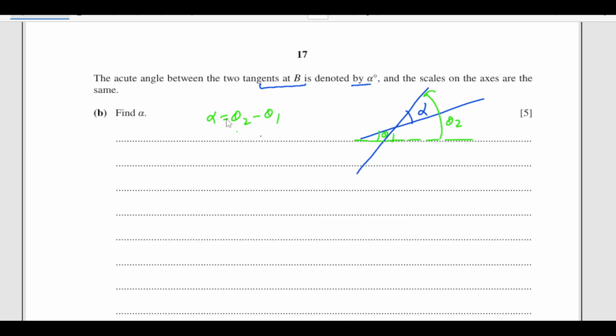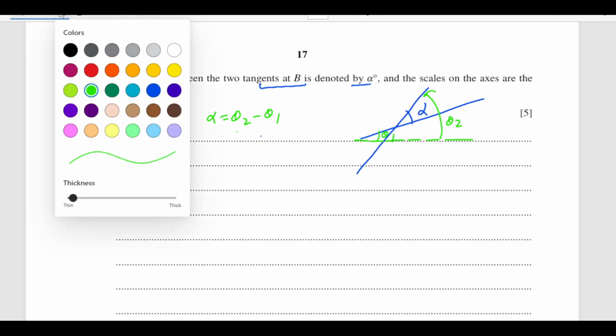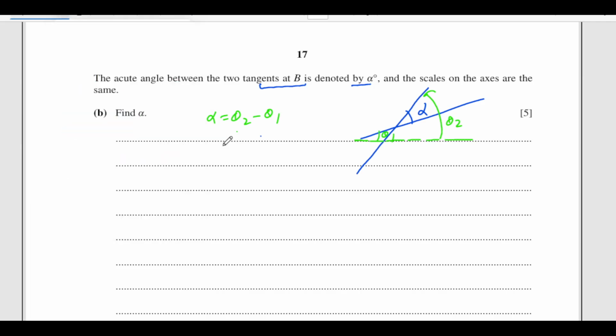So for this we will now find out the tangents first. So for the upper curve, there is this curve, y is equal to 2 root x plus 1. So differentiate that, 2 into half x power minus half.